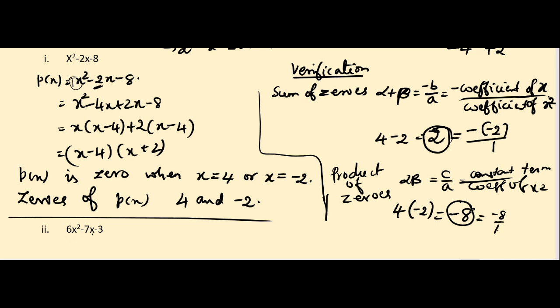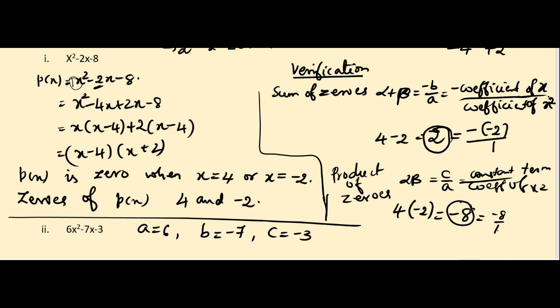6x square minus 7x minus 3. Here a is 6, b is minus 7 and c is equal to minus 3 in this given polynomial. So when we multiply, we should get minus 3, not that: a and c means 6 into minus 3, that is minus 18.